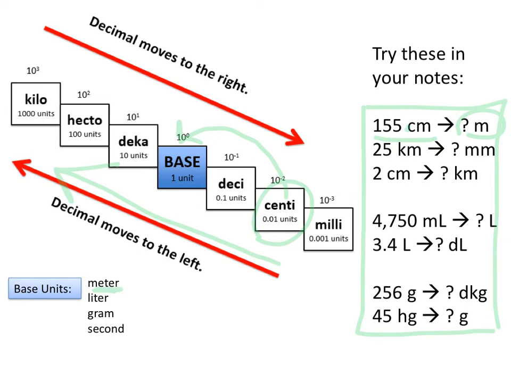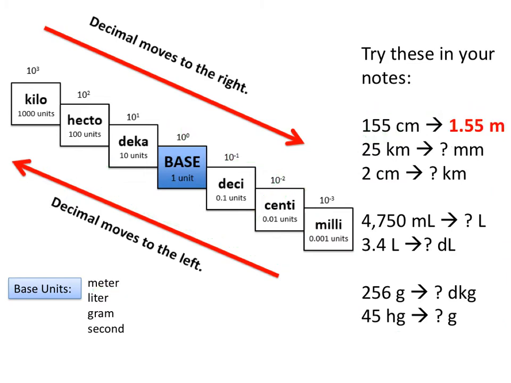You're going to move your decimal 1, 2 spaces. That's it, 1, 2. So 155 centimeters becomes 1.55 meters.